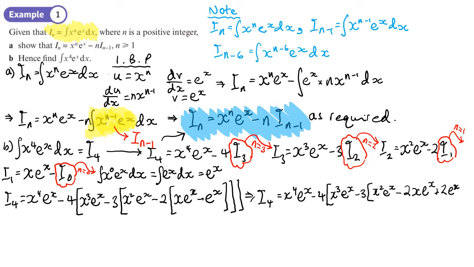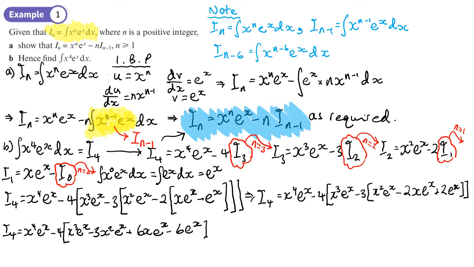And then we can expand the next set of brackets, so we'll multiply everything in here by negative 3. So I sub 4 equals x to the 4 e to the x minus 4 times x cubed e to the x minus 3x squared e to the x plus 6 x e to the x minus 6 e to the x.